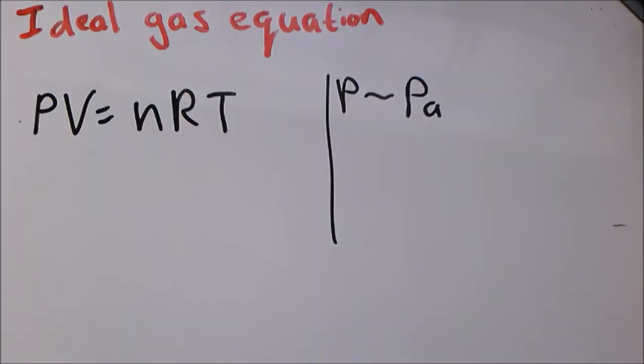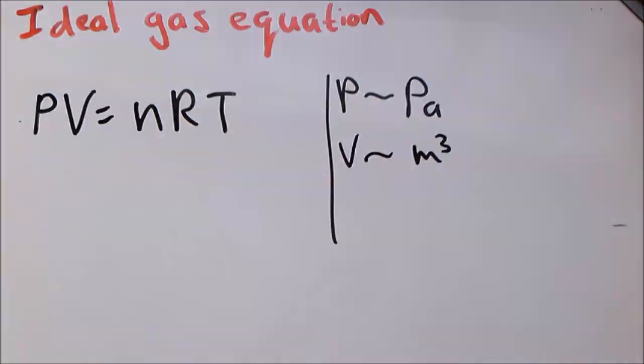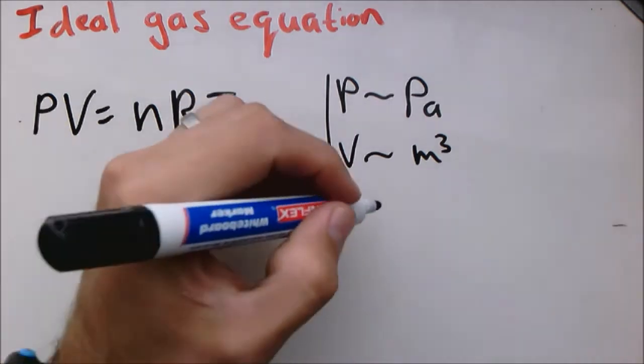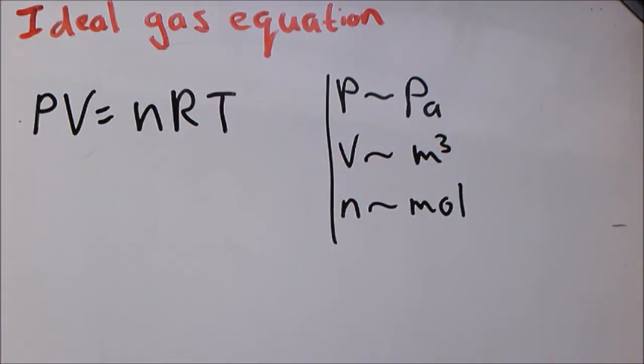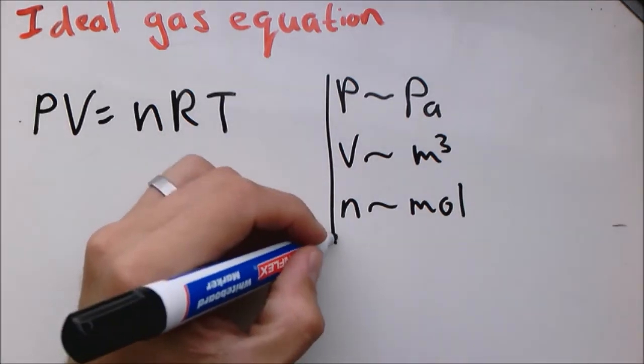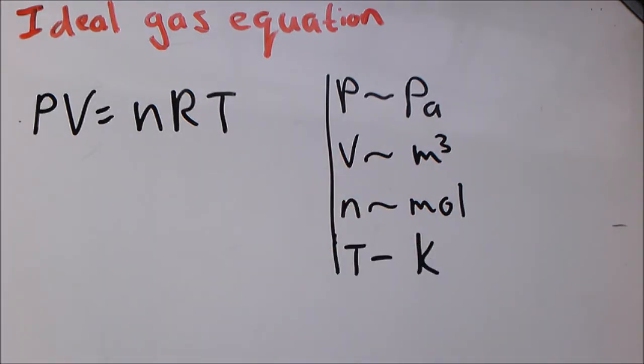And this is SI units, okay? The volume, V, has to be in cubic meters. Again, SI units. All of these will be SI units. The n is the amount of mole, and it has to be in mole. And then temperature has to be in Kelvin.